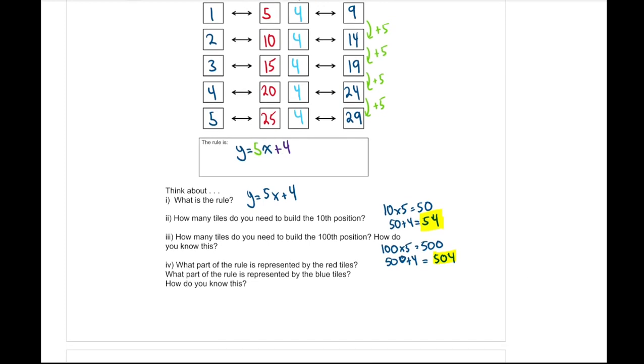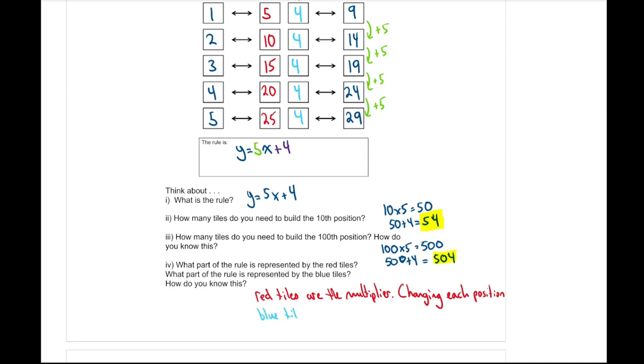What part of the rule is represented by the red tiles? Well, red tiles are the multiplier. And how do we know that? Well, they're changing each position. What tiles are represented by the blue?